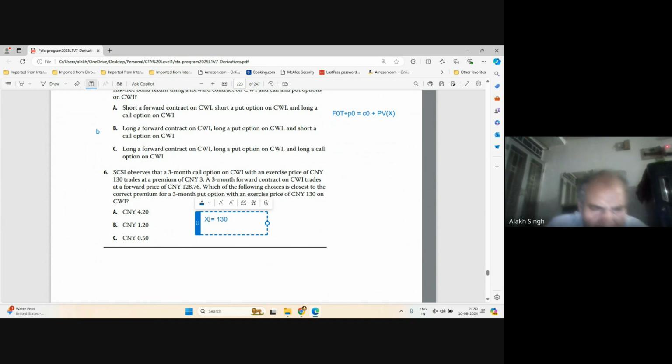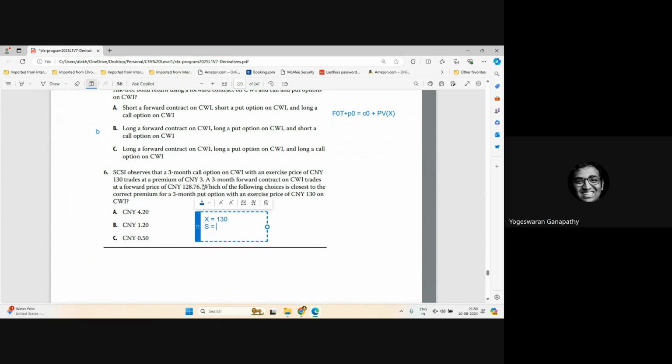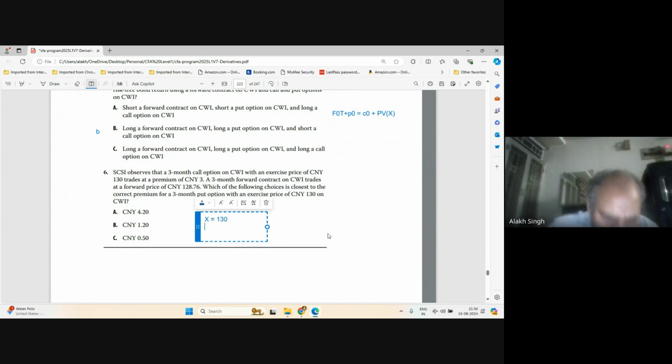So we have X equal to 130, and it is F0T, the forward, not S0. F0T is equal to 128.76. And what else do we have? R is 4%.